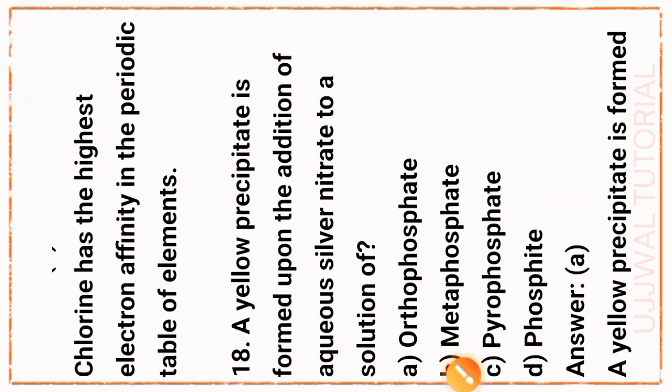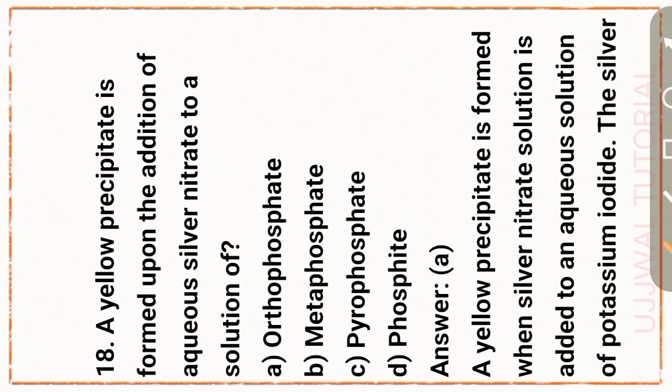Okay. Question number 18. A yellow precipitate is formed upon the addition of aqueous silver nitrate to a solution of option A, orthophosphate.